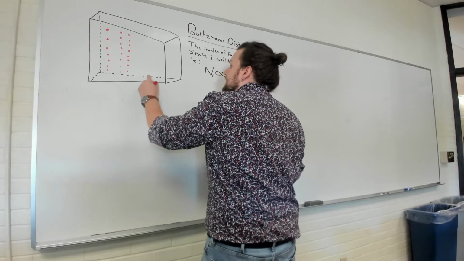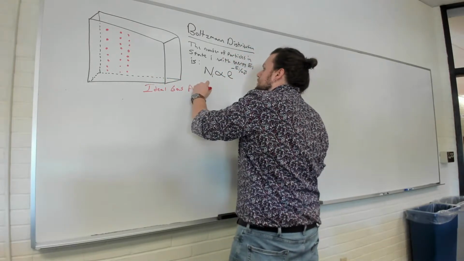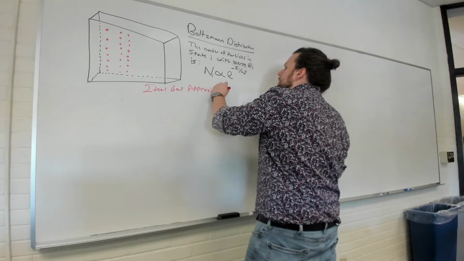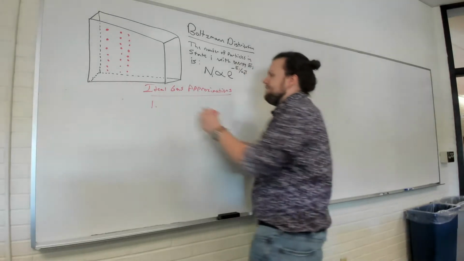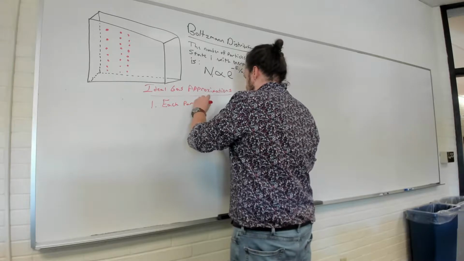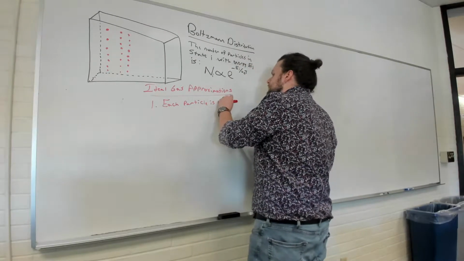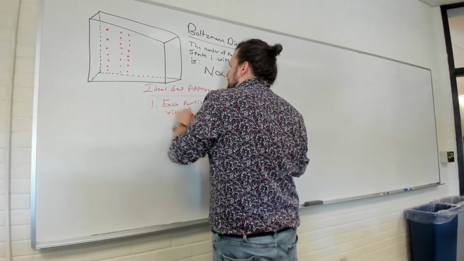So ideal gas approximations, or assumptions, however you'd like to think about it. One is, again, each particle or element is point-like with a mass m, which means it has no shape or size.